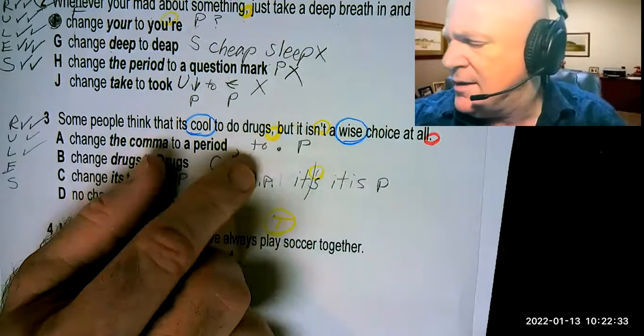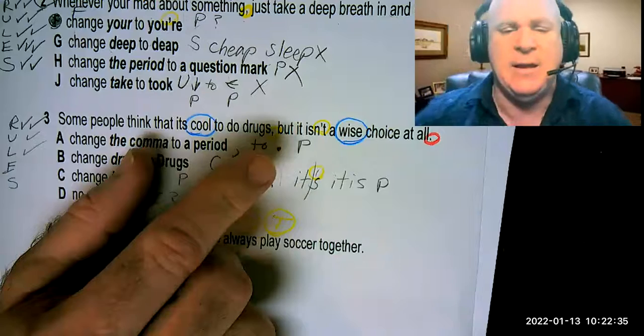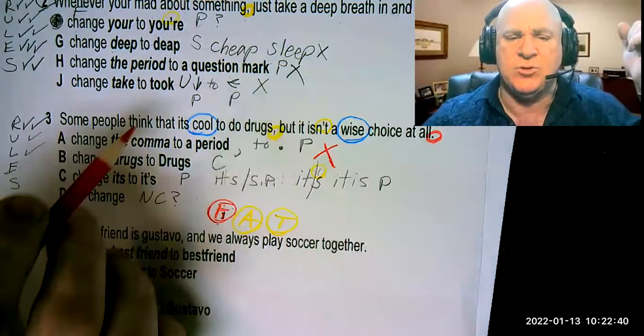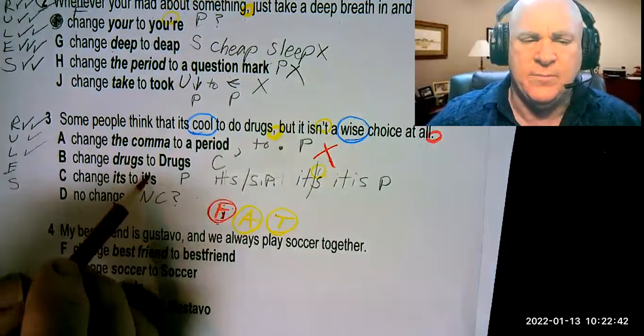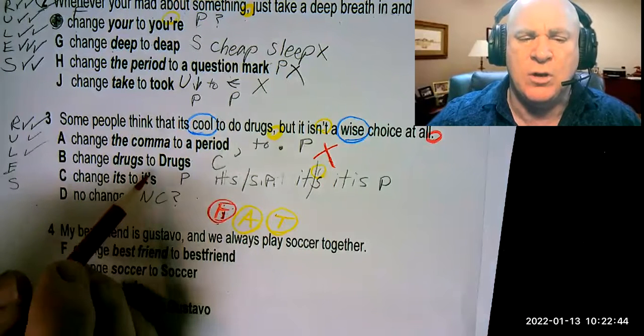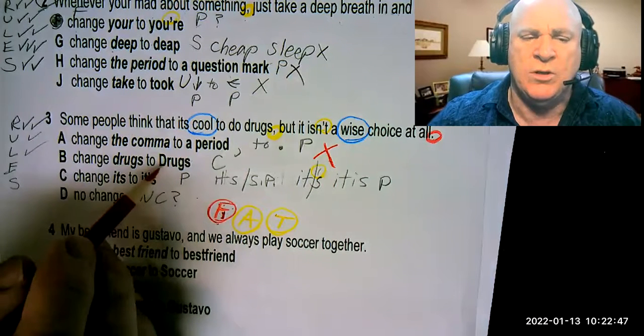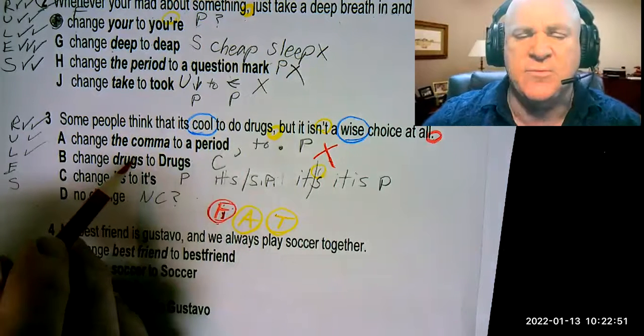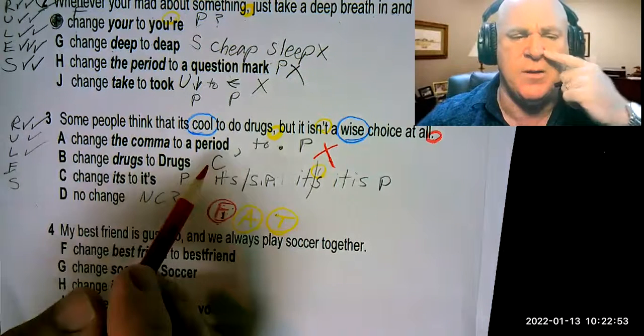So let's go ahead and eliminate letter A, change drugs to capital Drugs. Now, unless they're naming the drug, we wouldn't change a common noun to a proper noun, but the C stands for capitalization of nouns.